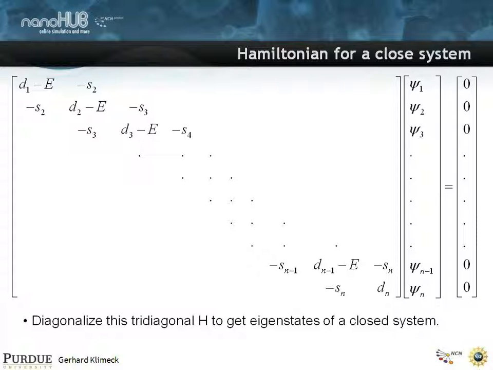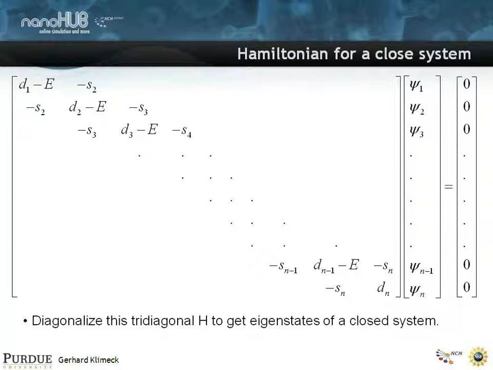If you have a 1D discretization scheme, you have a tri-diagonal matrix. You have diagonal matrix elements D and off-diagonal matrix elements S. You have a vector psi, the wave functions.